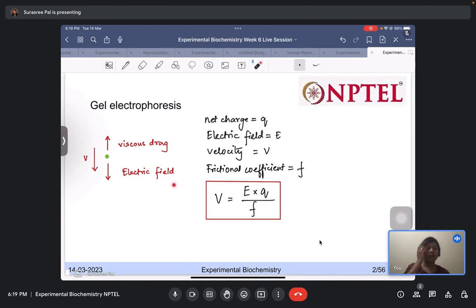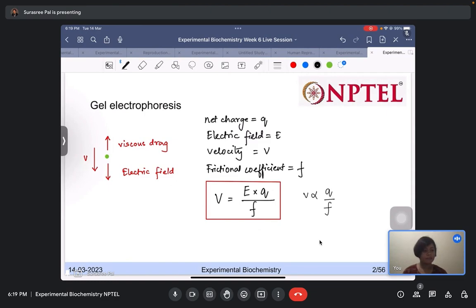So the electric field is constant, and the velocity will depend on Q by F, which is the charge divided by the frictional coefficient.